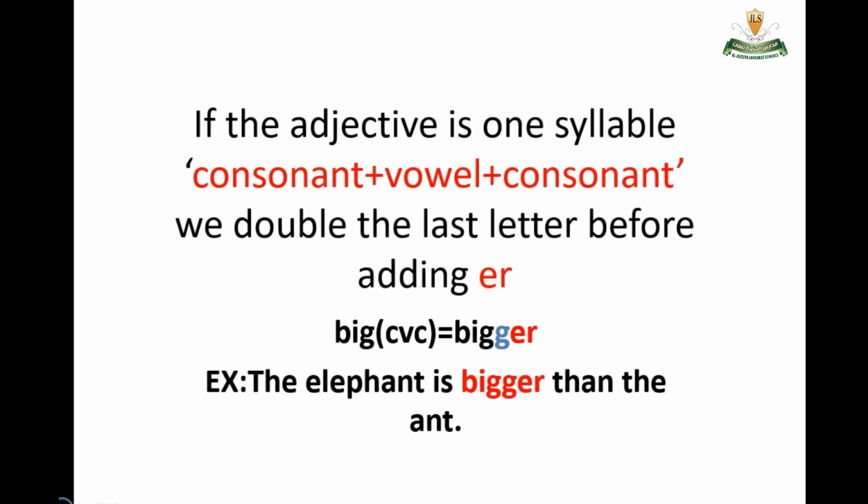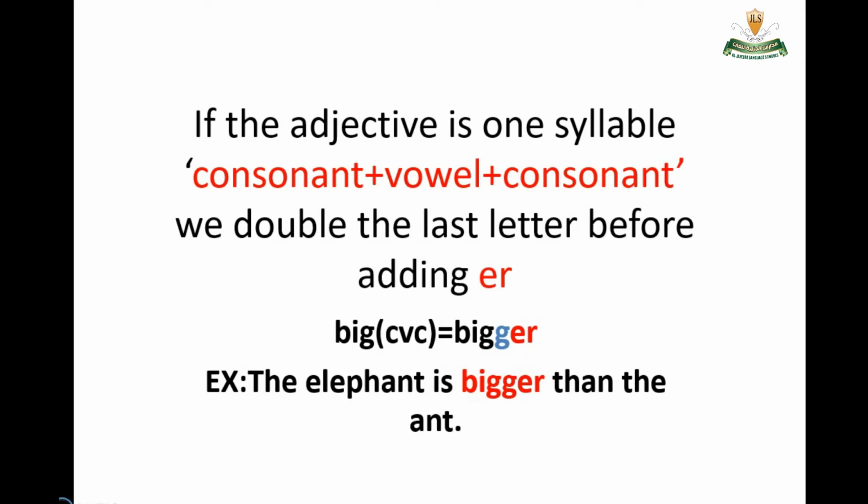If the adjective is one syllable, or consonant plus vowel plus consonant, like the word big or hot, we double the last letter, then we put ER. Look at the word big. We have letter B, which is consonant, then letter I, which is vowel, then letter G, which is consonant.